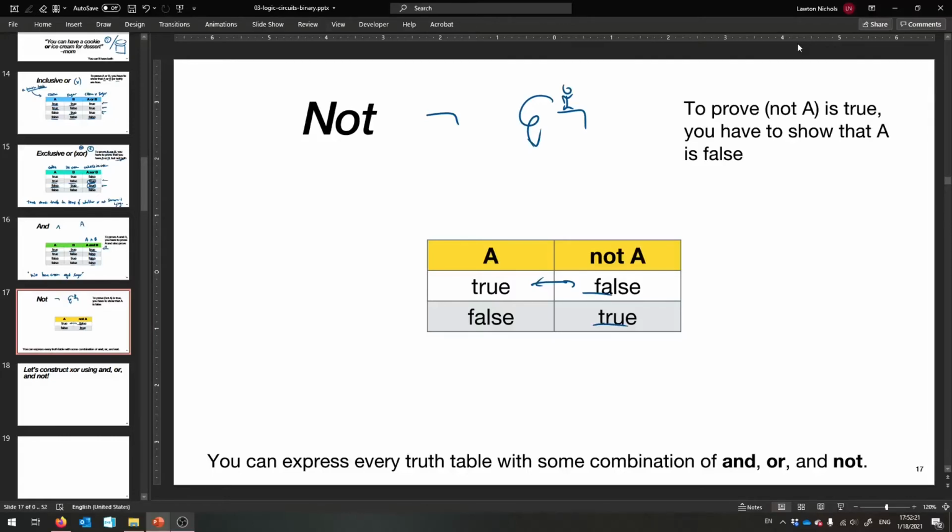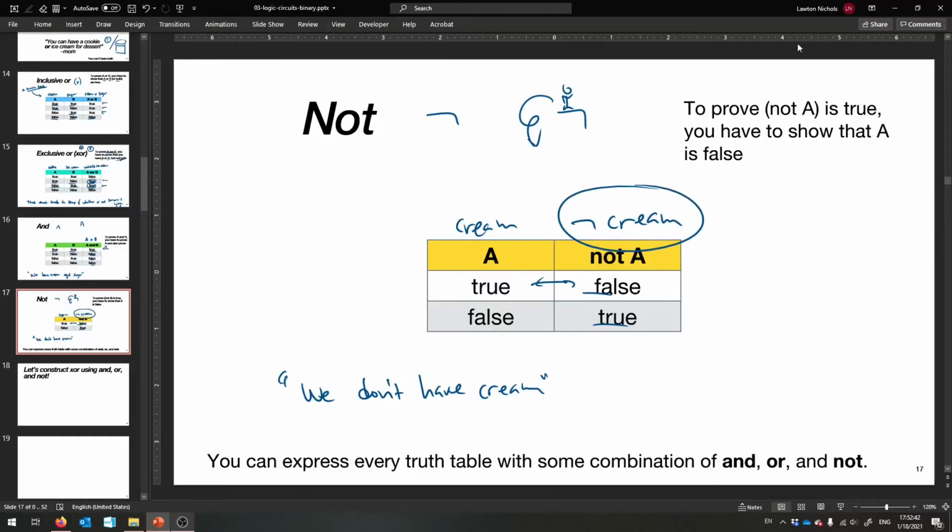Maybe someone's saying we don't have cream. Maybe that's what the waiter is saying. So A is cream, and this is not cream. So the waiter is saying not cream is true.